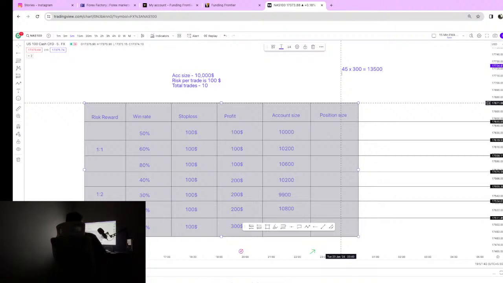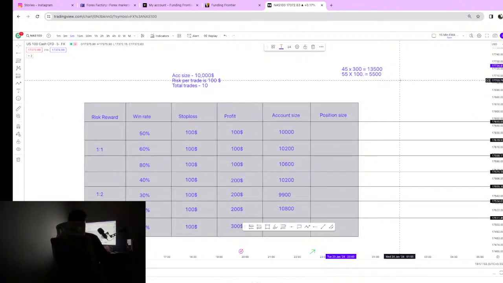Right? 55 trades we are losing. How much we are losing per trade? 100. What is it? Double 500. What is the net profit? 13,500 minus 5,500, that is 8,000. And this was for 100 trades. We are wanting for 10 trades. Divided by 10. What is it? 800. Got it?